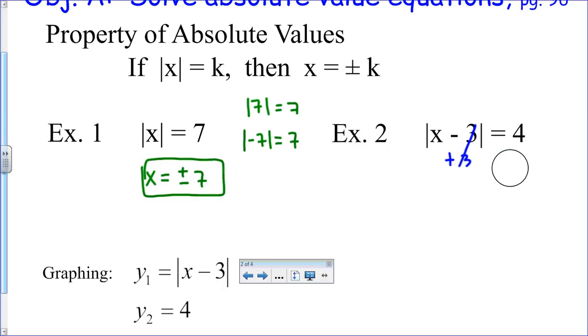So what you have to do is get rid of the absolute value bars first. To get rid of your absolute value, you make your two equations. So whatever's inside can equal 4, or whatever's inside could equal negative 4. So your plus or minus is here with the 4. So x minus 3 equals 4, or x minus 3 equals negative 4.